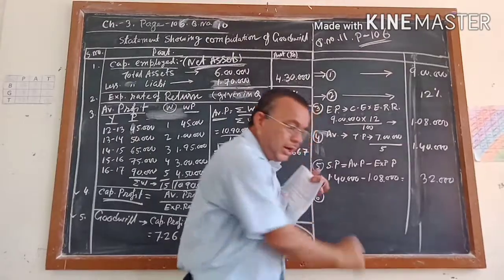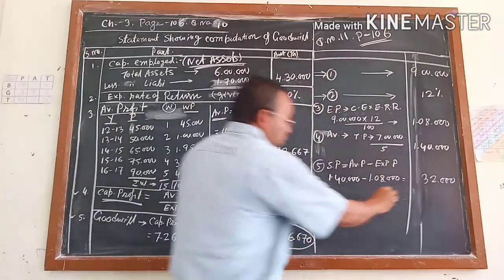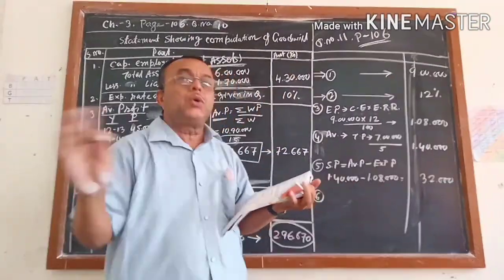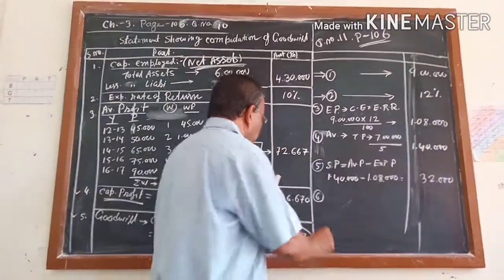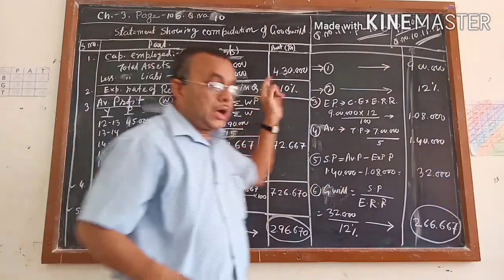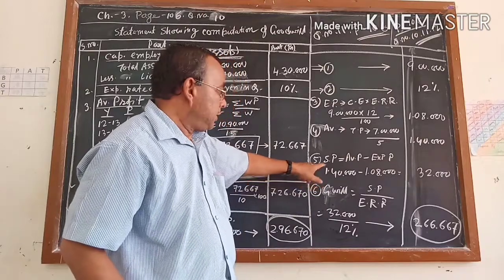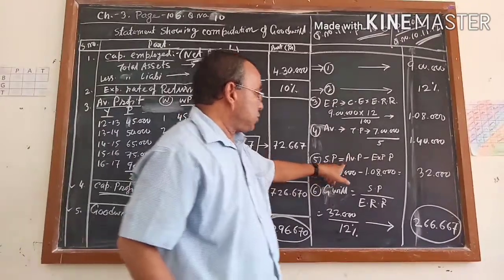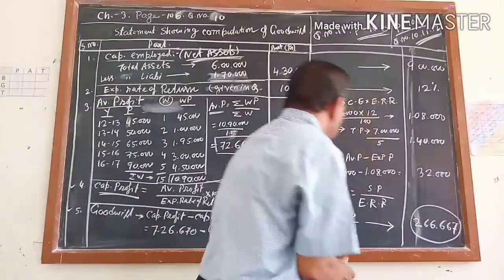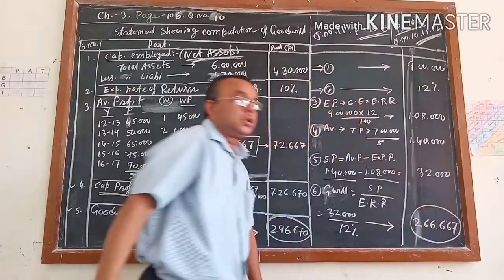Only the change is in the sixth step. In the third method, the super profit method, you multiply this amount by numbers of years purchase, but here we will not multiply.